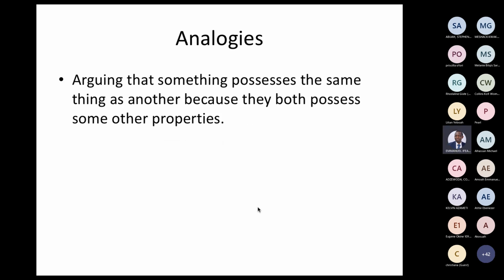Now, we also have analogies. Analogies are another kind of extrapolation, arguing that something possesses the same thing as another because they both possess some other properties.